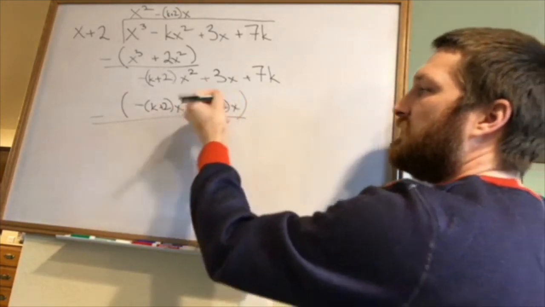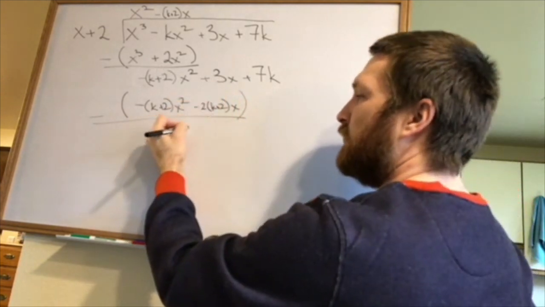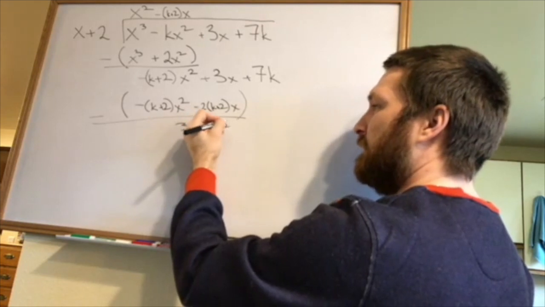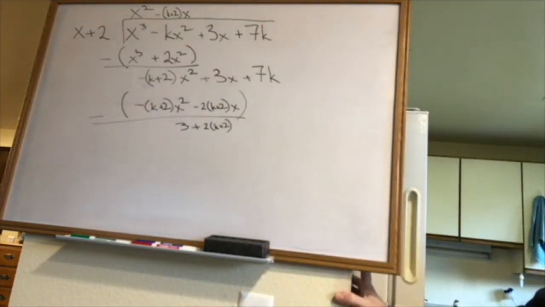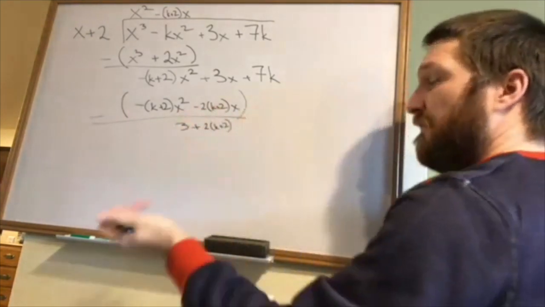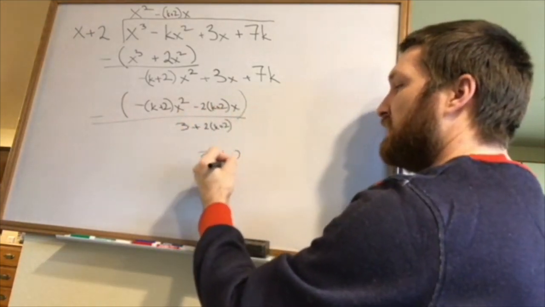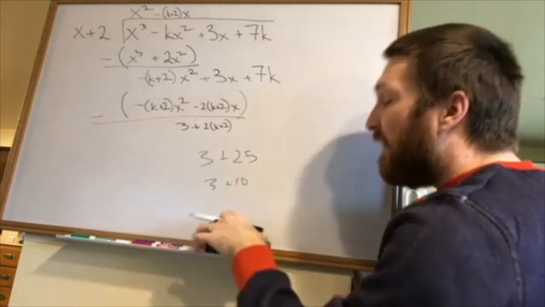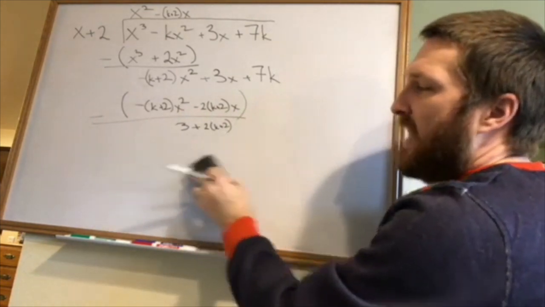It's 3 plus whatever this is. It's 3 plus 2 times k plus 2. That's my coefficient. So, for instance, if k plus 2 were 5, we would have 3 plus 2 times 5, or 3 plus 10, or whatever. But we don't know what that is.